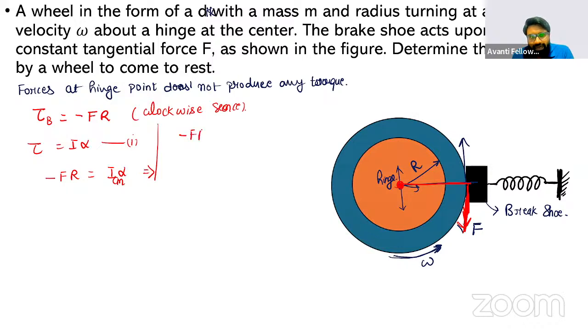So minus F into R is equals to I CM is nothing but 1 by 2 M R square into alpha. So from here alpha is coming out as 2 F R, R and R will cancel out one of the power. So it will be coming out as minus 2F upon M R.